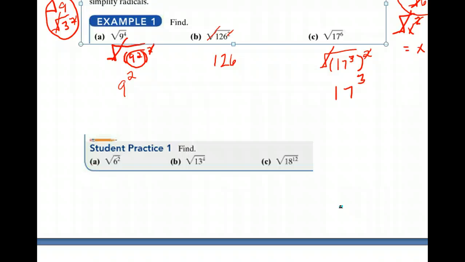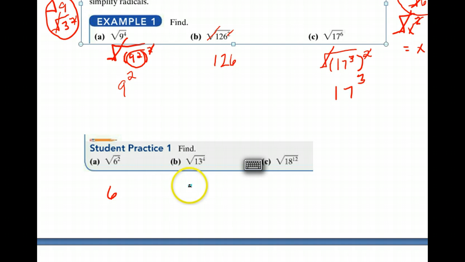Okay, at this point, everybody should have attempted to do A, B, and C, and we're going to review the answers. In letter A, you should have seen that it's already raised to a power of 2. So you can simply allow the radical and the power to cancel each other out, and your answer is simply 6.